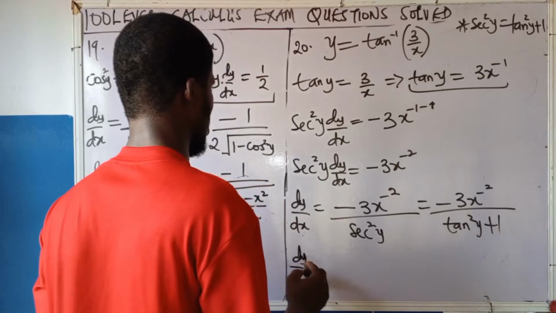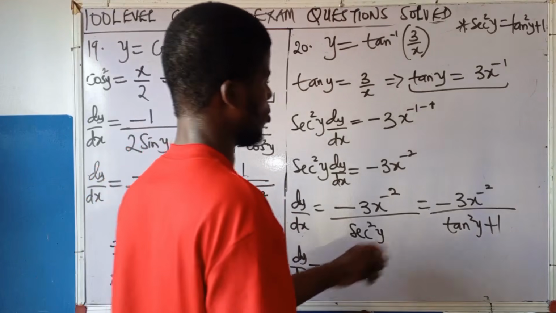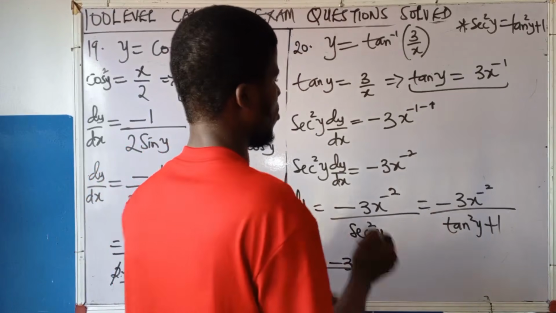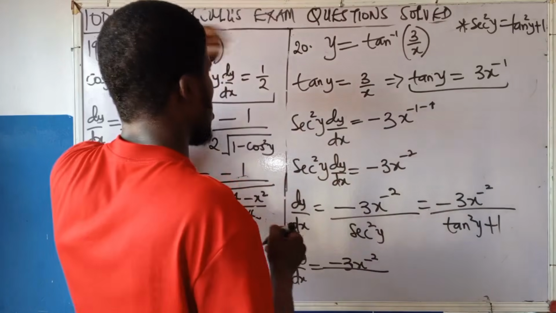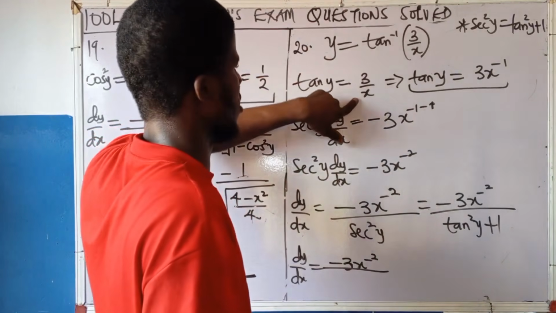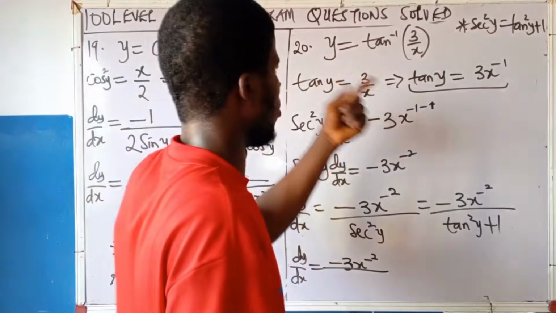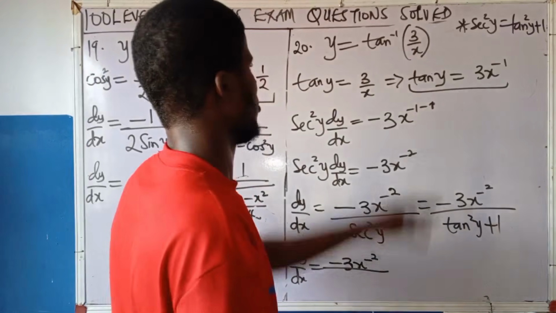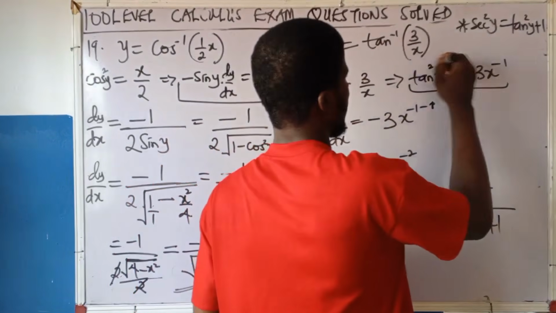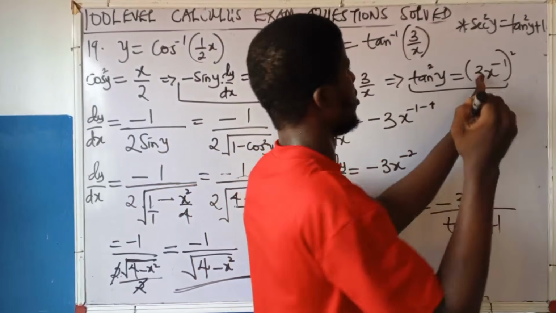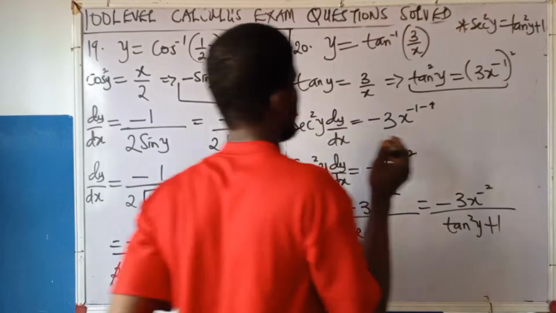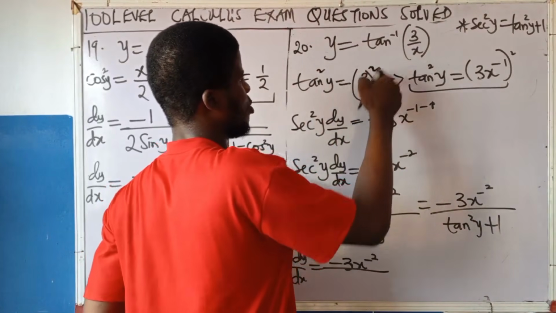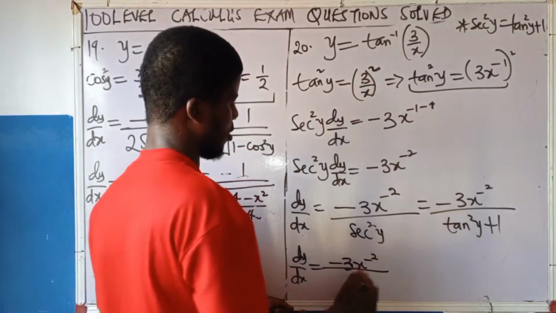We see dy dx is equal to, this one on top remains, but I'm going to do something later. What's tan squared y? Tan y originally is 3 over x, which is 3x to the power of minus 1. If I square both sides, this will be tan squared y, so I have to square this also. 3 squared is 9, x squared is x squared, so I'll be getting 9 over x squared.